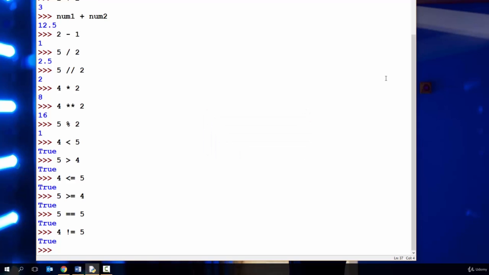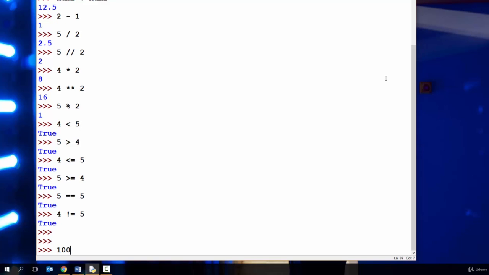Let's see an example. Let's say 100 minus 5 to the power of 2 divided by 5 times 2. What would be the correct result here? Well, Python will first evaluate 5 to the power of 2, which returns 25. Then, since division and multiplication have the same priority, they will be evaluated from left to right.